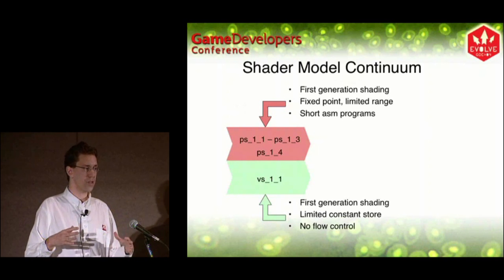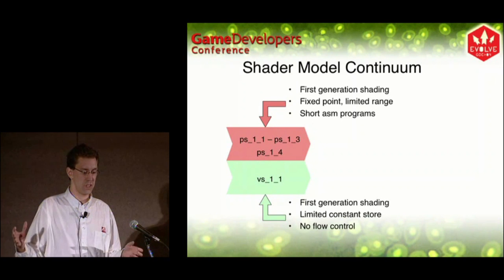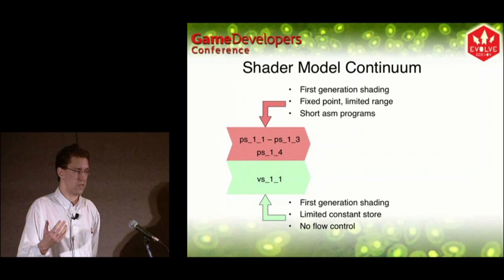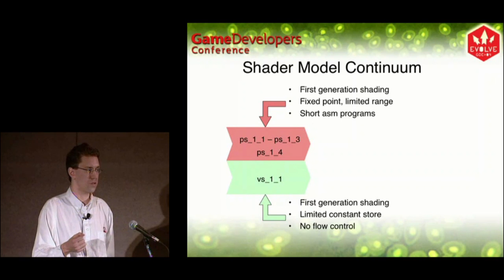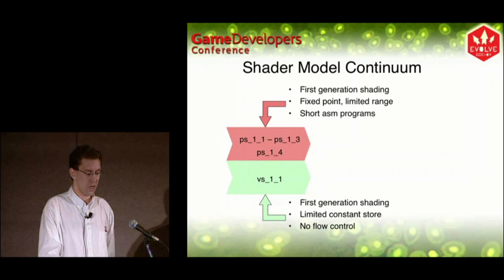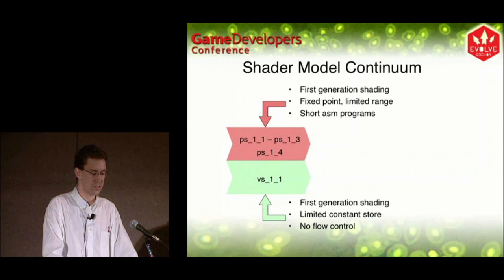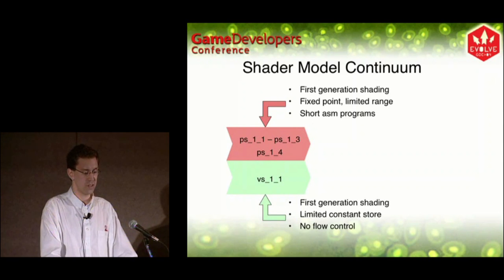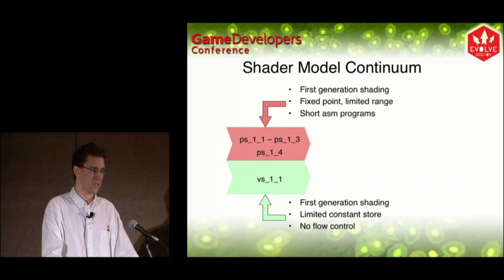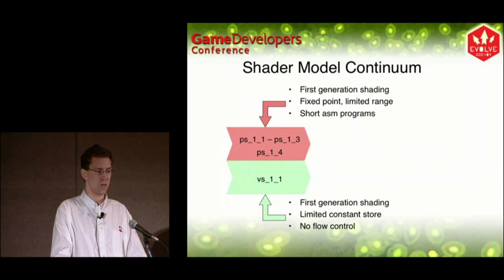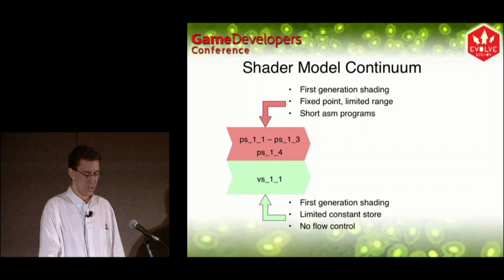Now, it's important to think about shader models as existing along this continuum, and potentially being the tiers that you use for scalability in your engine. In the past, we had our first generation shaders, the PS1.x shaders and the VS1.1 shaders: fixed point pixel processing and very short programs that were generally written in assembly.